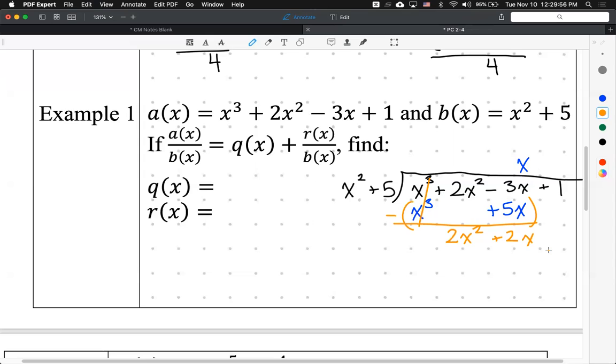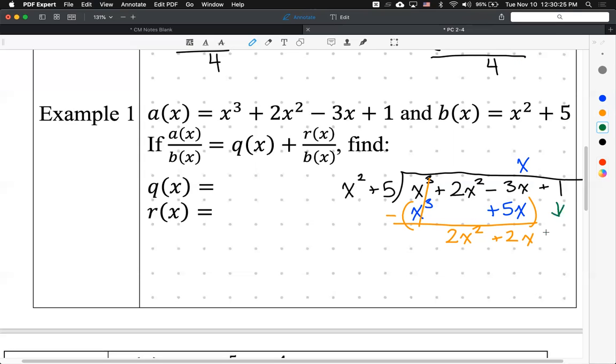All right. What do I do next? So aside from Beverly. It's the same steps over and over, guys. You bring down the 1. Bring down the 1, yes, you do.